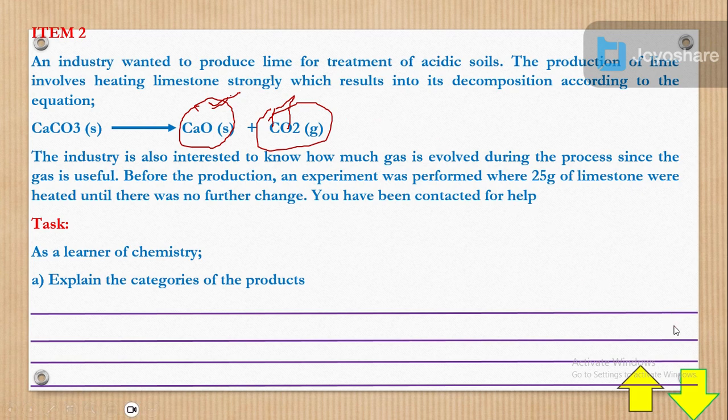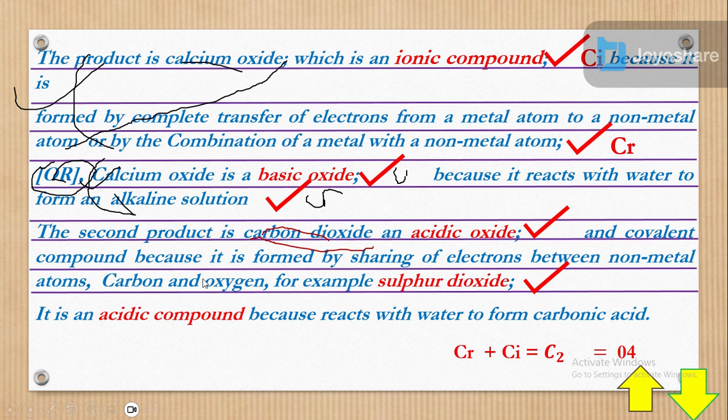And now you must also talk about that. So you're saying the second product is carbon dioxide, of course, which is an acidic oxide. Why acidic oxide? Because these are oxides of non-metals, and carbon and oxygen are non-metals. Then also, it is a covalent compound, from the word covalent bond, because it is formed by sharing of electrons between non-metals. That's the reason we bring.